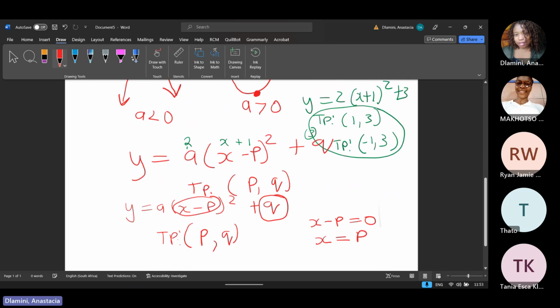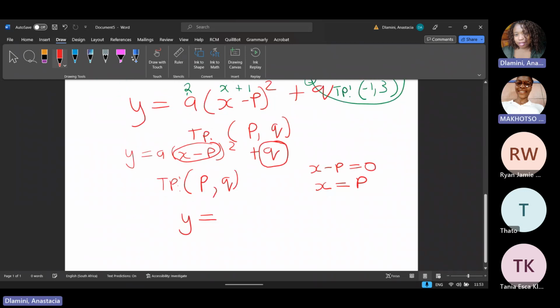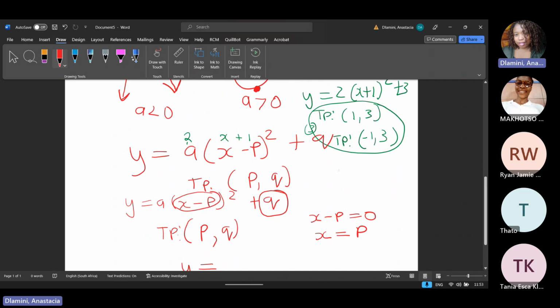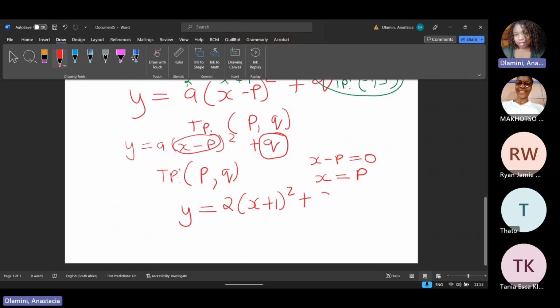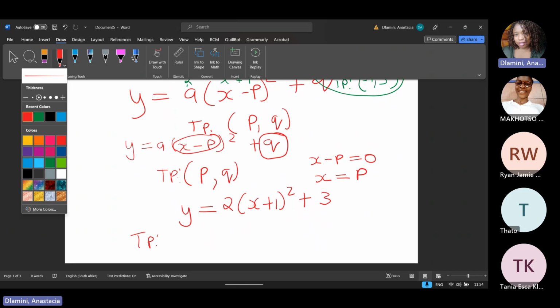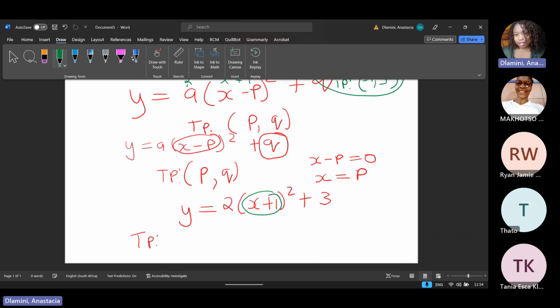So for this function, y equals 2(x plus 1) squared plus 3, the coordinates of the turning point are given by taking whatever is inside the bracket and equating it to 0.